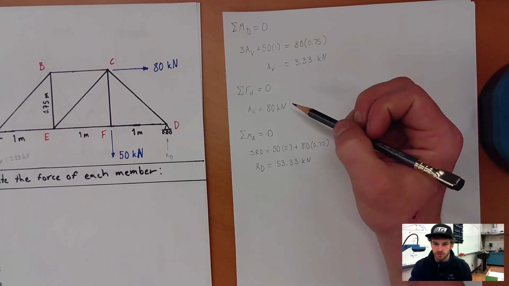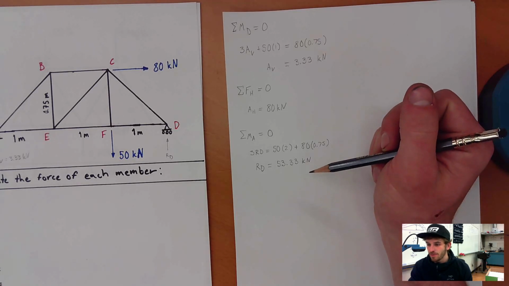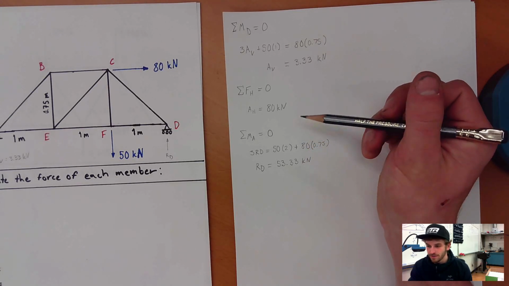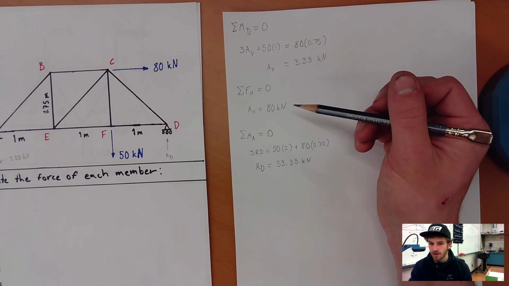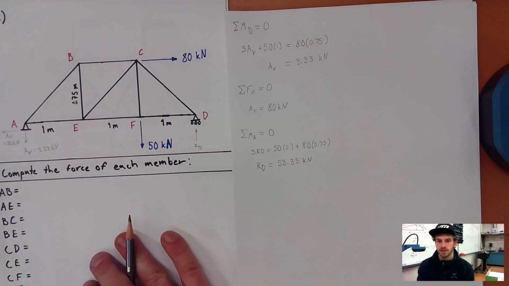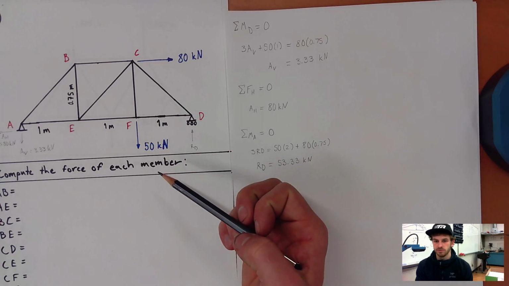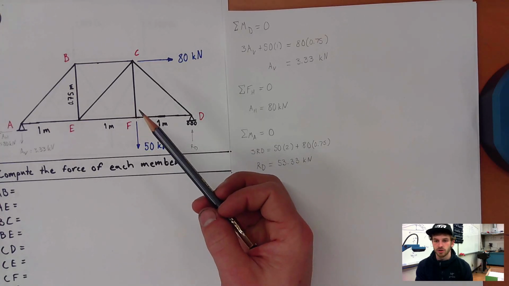Which, if you're paying attention here, we did a really roundabout way to solve that. Once you solve for one, it's pretty easy to figure out the other one on a simple truss like this. So we have 50 kilonewtons coming down vertically through this node.